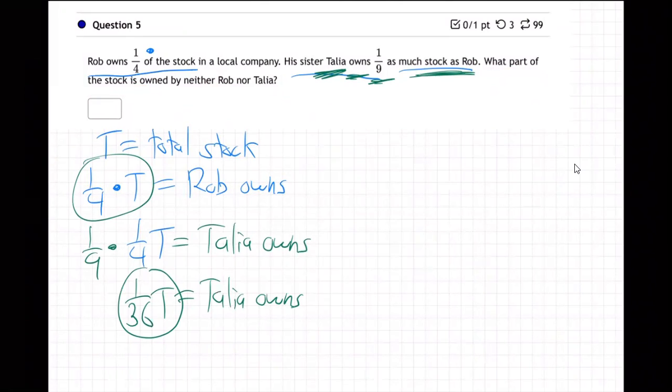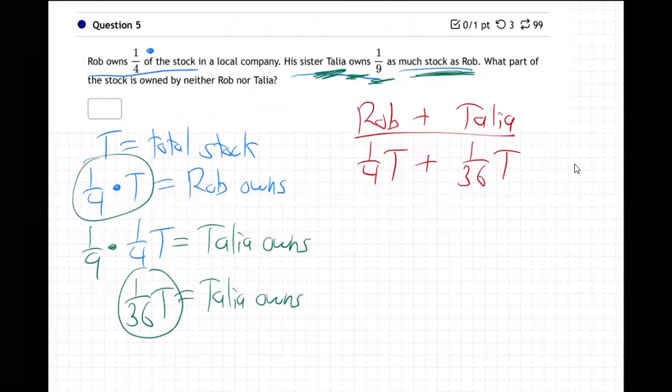Well, let's find Rob plus Talia. So Rob is 1/4 of the stock. Talia is 1/36 of the stock, right? So let's add those together to find the total amount that Rob and Talia together own.